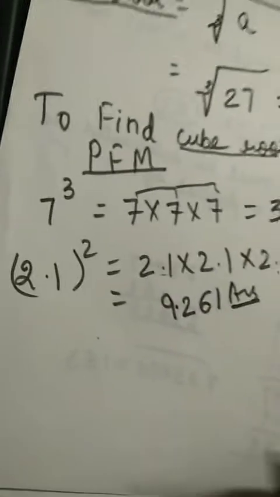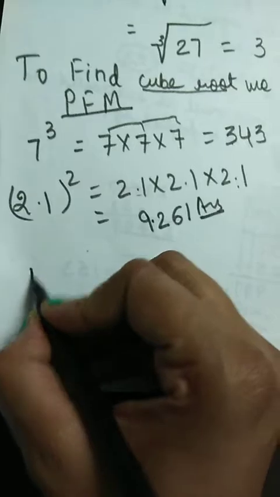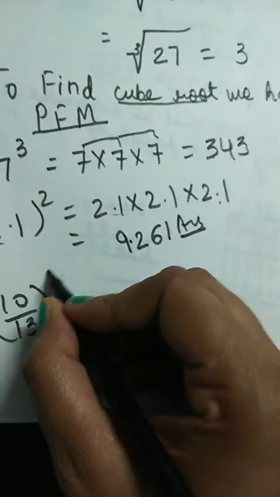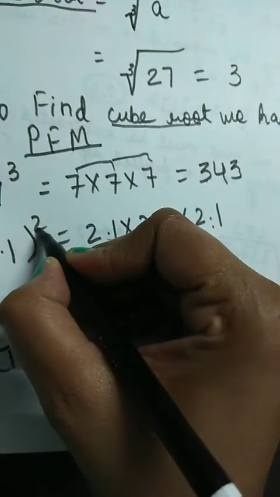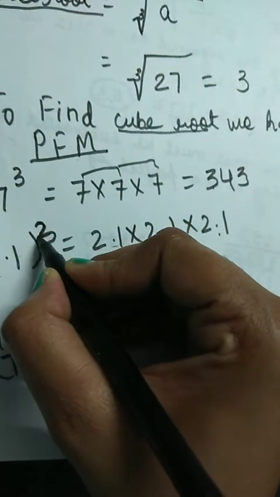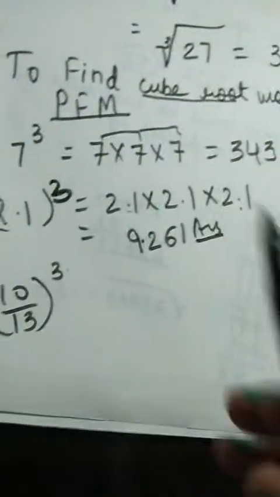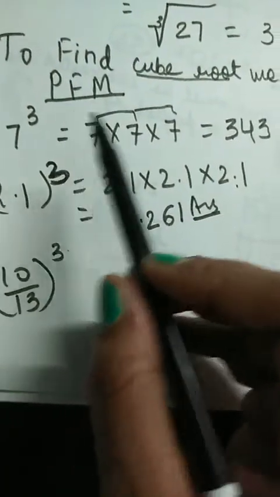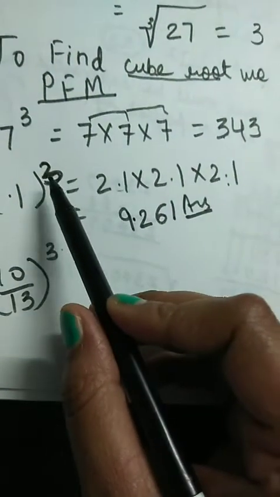Now you have to find the cube of 10 by 13, that is a rational number. This is cube, so we will always write the power as 3. Never make the mistake of writing the power as 2. In cube we have to write the power as 3 only.